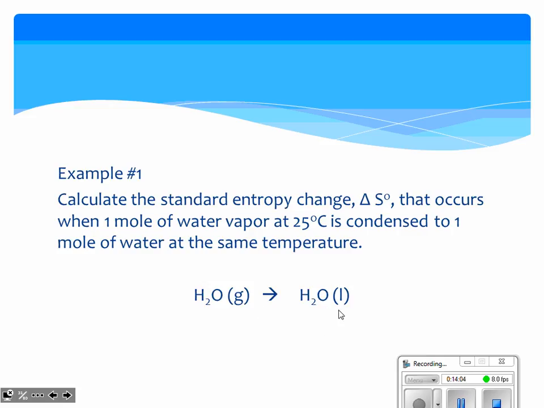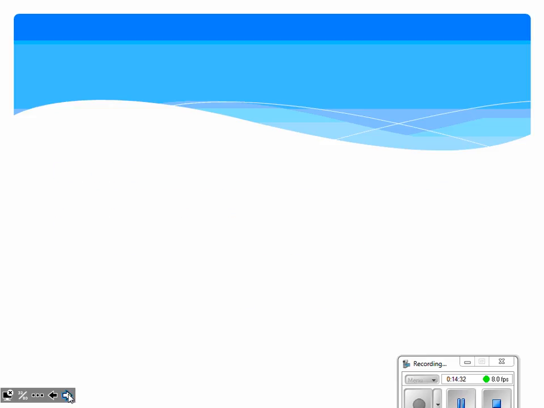So am I increasing my entropy? No, I am decreasing. I'm getting more ordered, not more disordered, correct? So I can predict right here that I am having a decrease in entropy. That is my prediction.